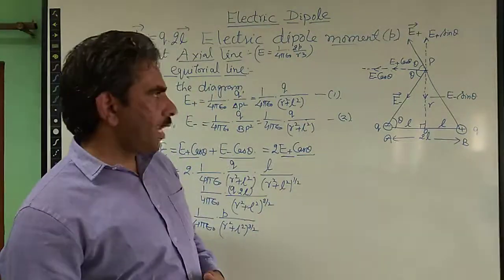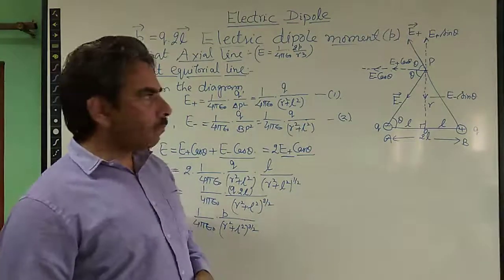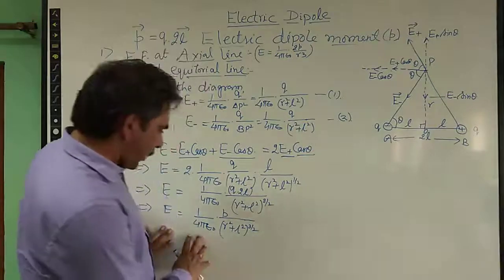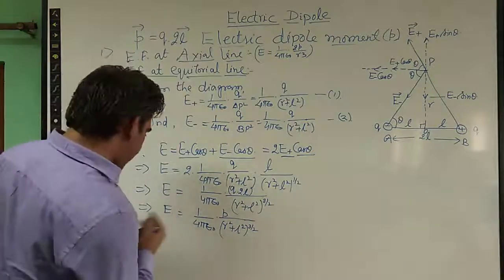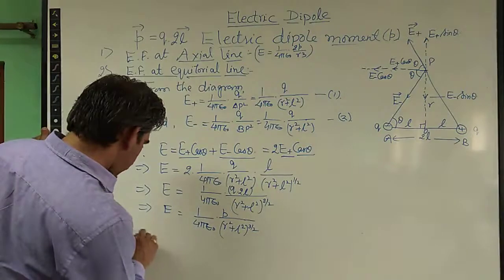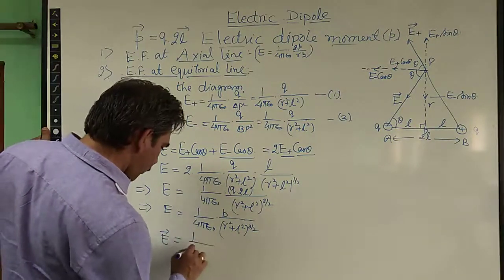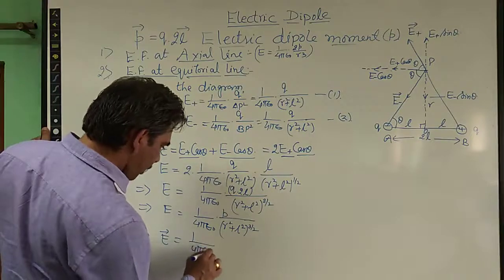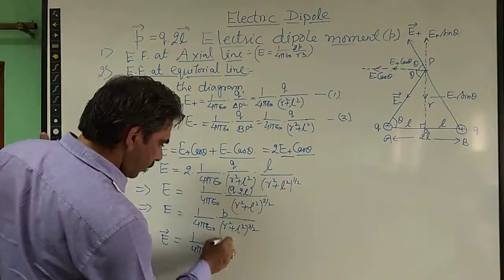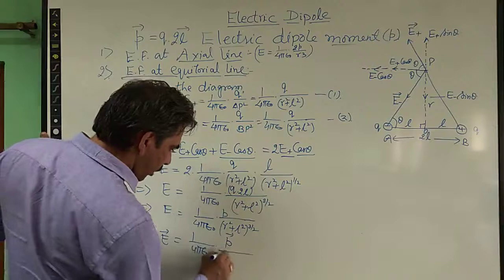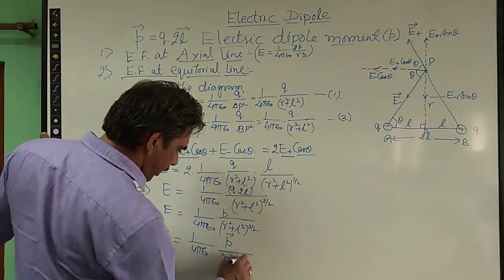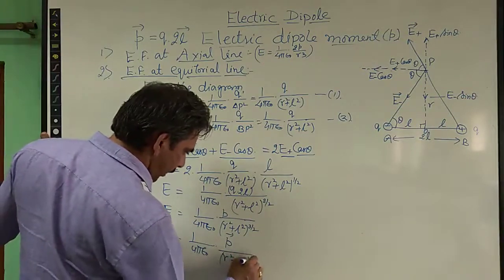And what about direction? If we have to put this expression in vector form, the electric field vector can be written as 1 upon 4 pi epsilon naught into vector P upon R square plus L square power 3 by 2.